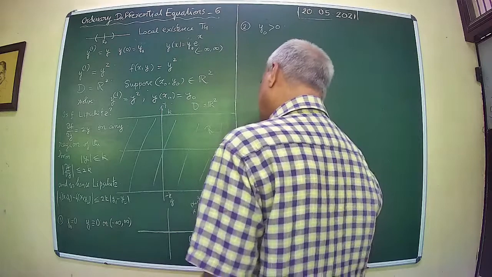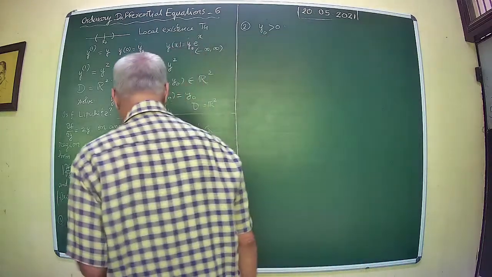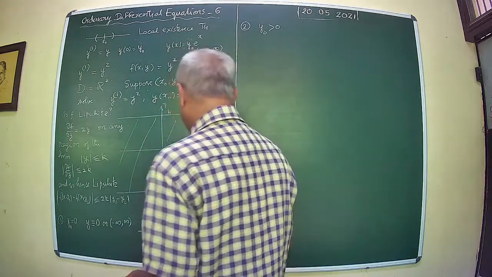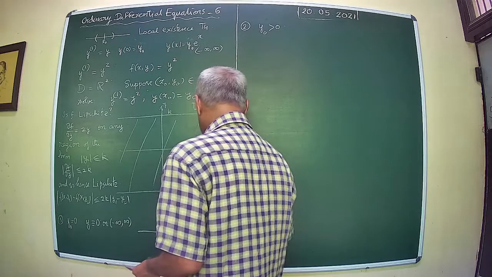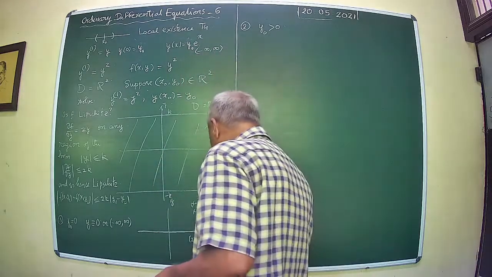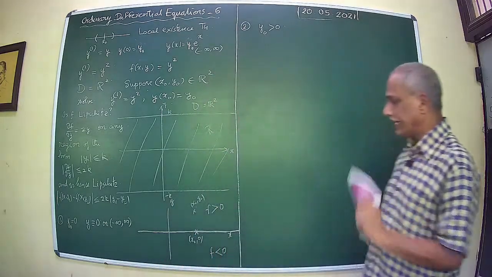So before we solve this equation explicitly, which is not difficult, you observe that f is positive here and f is negative here. What does that give?